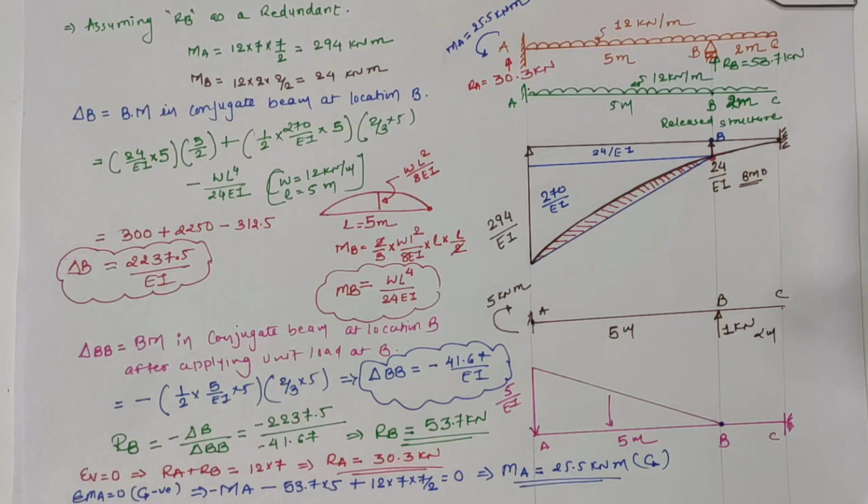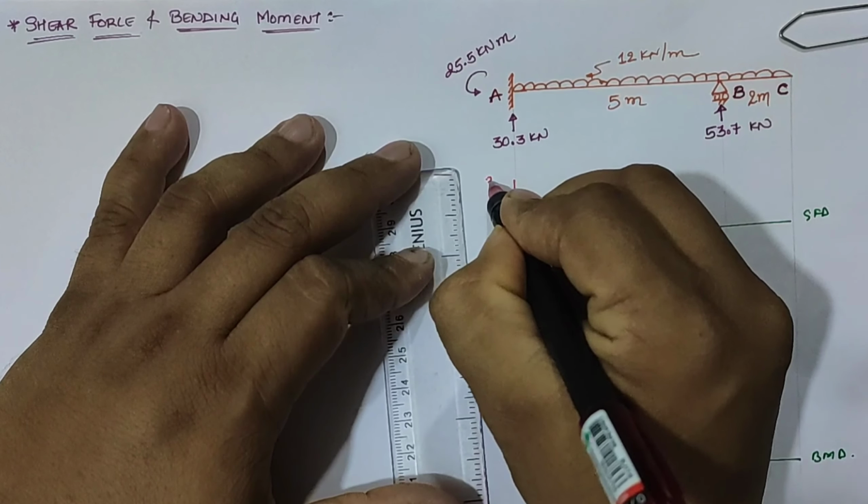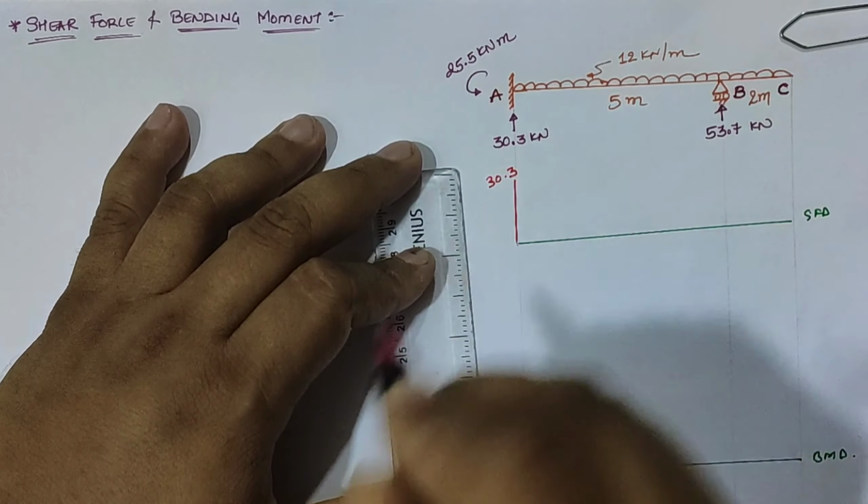Now going ahead with the calculation of the shear force and bending moment diagram. From the above calculation we have the support reactions as shown in the figure, and if we go for the shear force diagram and bending moment diagram, then at location A our shear force value is upward VA, which is equal to 30.3 as a positive value.